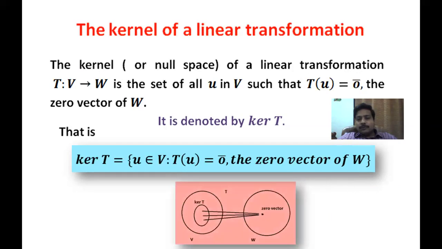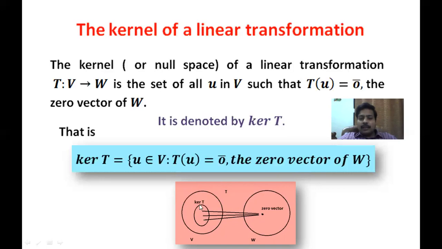So this is a geometrical representation. Let it be V. Kernel T will be a subset of V. This is W. T is the transformation from V to W. This is the 0 vector, 0 bar. All these elements are mapped to the 0 vector, 0 bar.